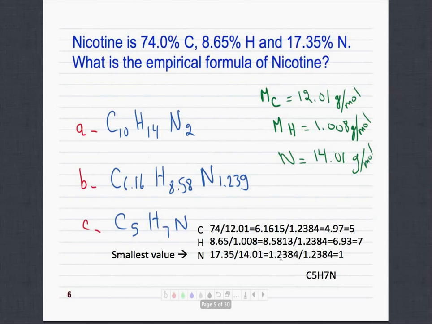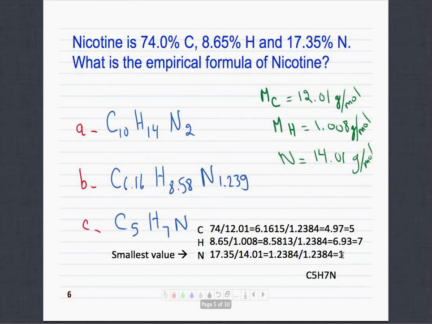But that's definitely not the empirical formula. I have to divide with the smallest number in there, which is this one. So I'm going to divide this number and this number and this number by 1.238. That's going to end me up with carbon 4.90, hydrogen 6.93, and nitrogen 1.00.